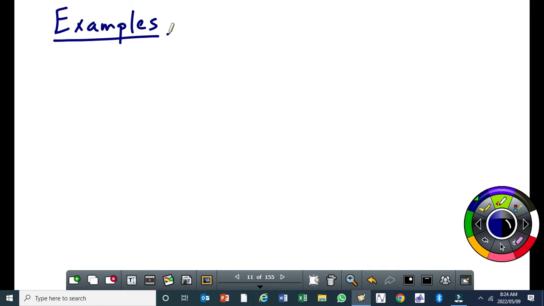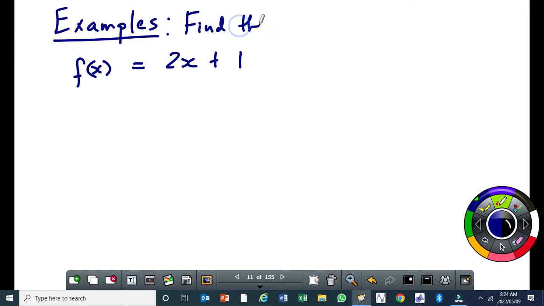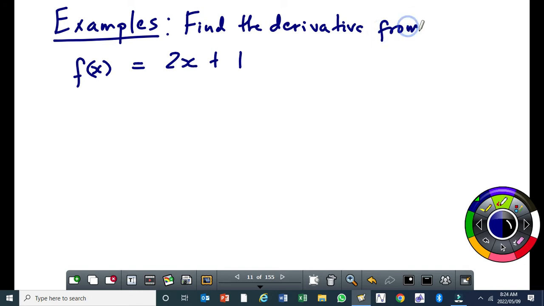Let's say you have a linear function f of x equal to 2x plus 1. We want to find the derivative from first principles.